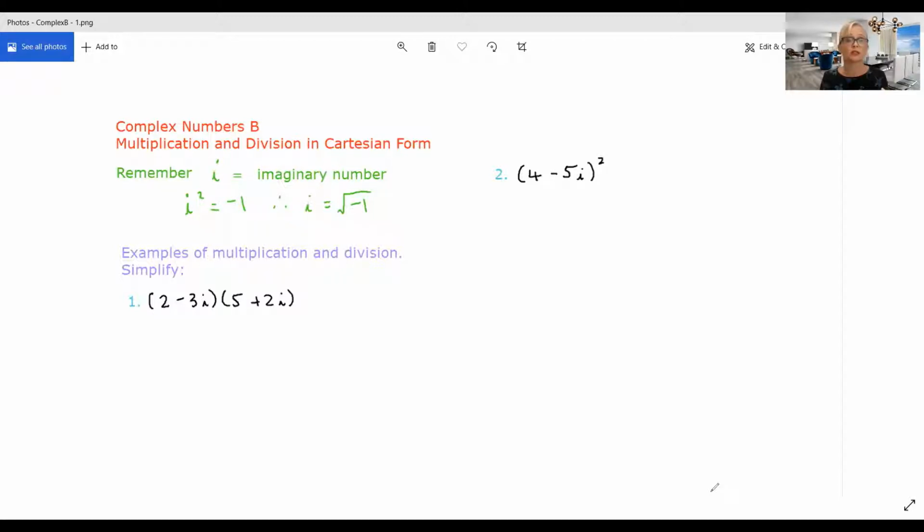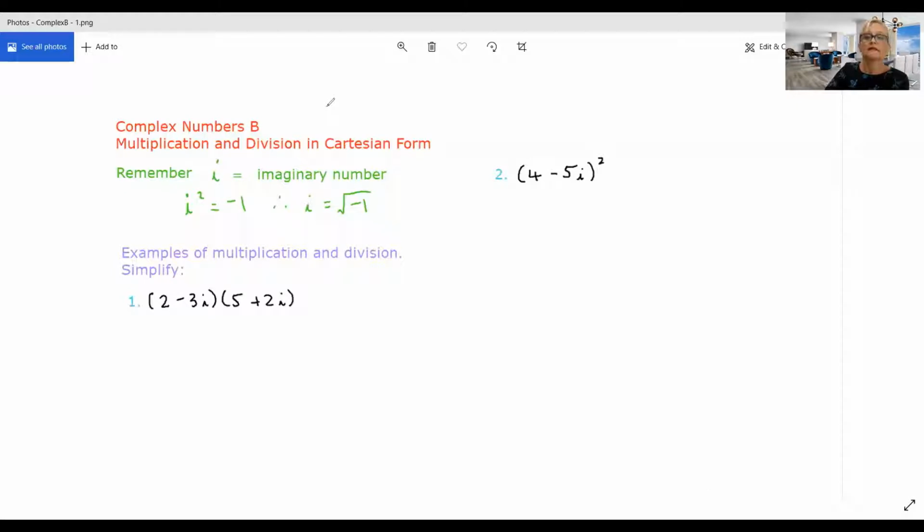Addition and subtraction of our complex numbers that are in Cartesian form is super easy. It's just like adding and subtracting like terms in algebra. Multiplication and division is also relatively simple with a few little tricks in there that we learn from our surds topic. Let's go through a few examples and I'll show you how it all works.